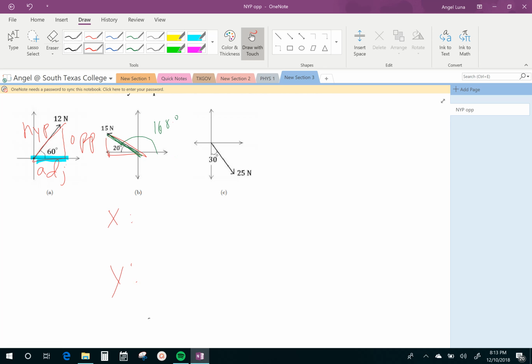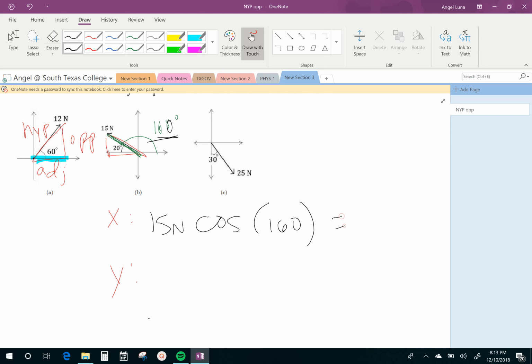And again, we're going to be looking for our x component and our y component for B. And again, to find our x component, all we have to do is give the magnitude of the vector multiplied by cosine and the degree of the angle, which is this 160. Don't confuse this with the number 8.